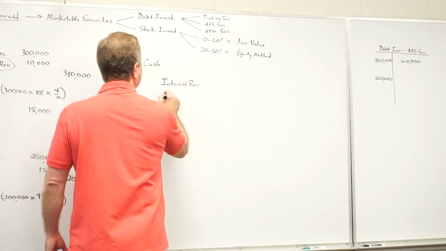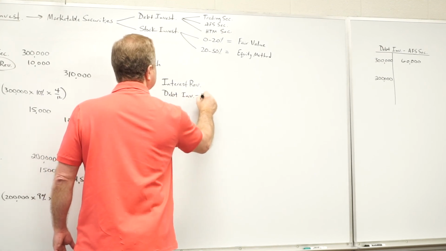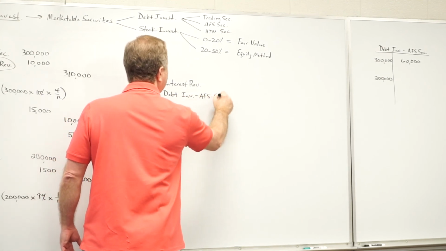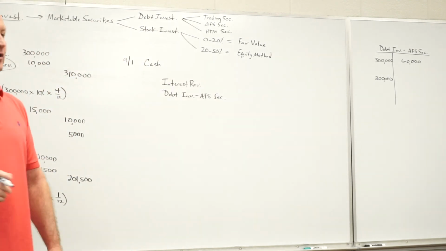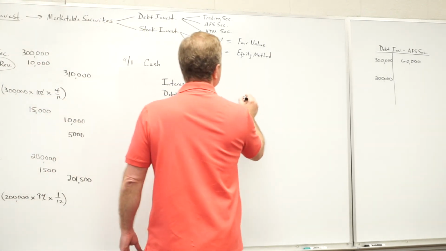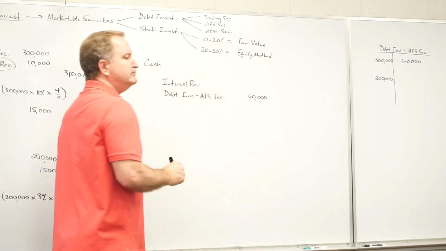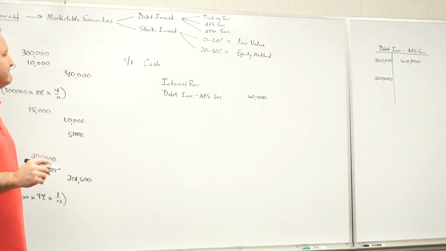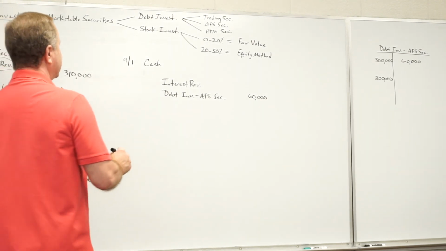And I'm going to credit debt investments, AFS securities. Well, I already know how much that's going to be. It's $60,000. Okay, so now let's do the hard part, if you ask me.